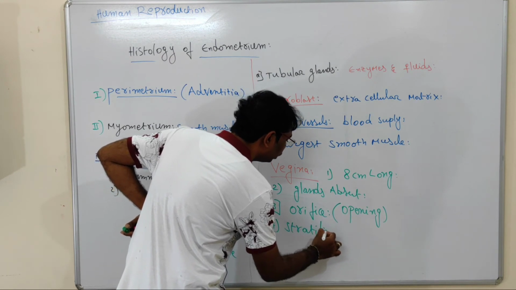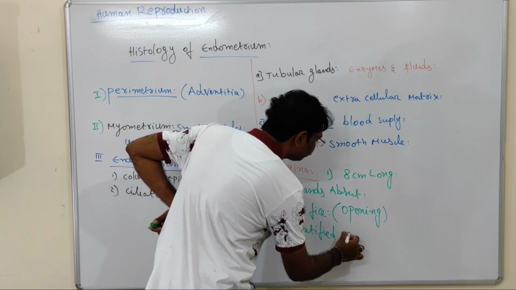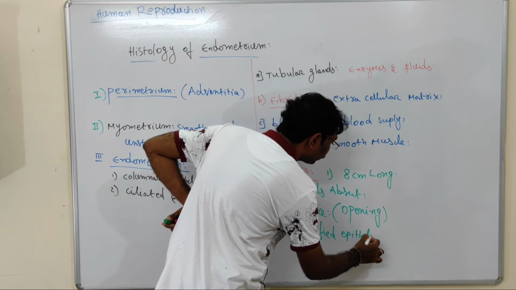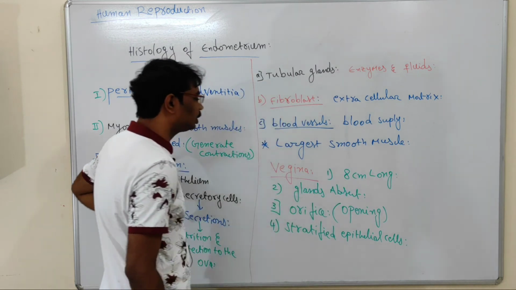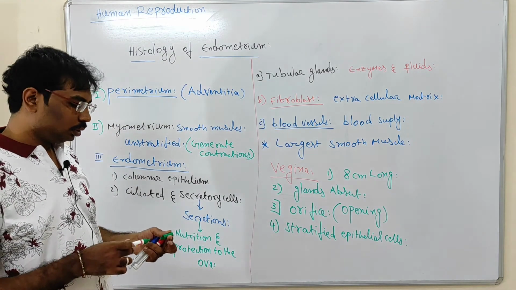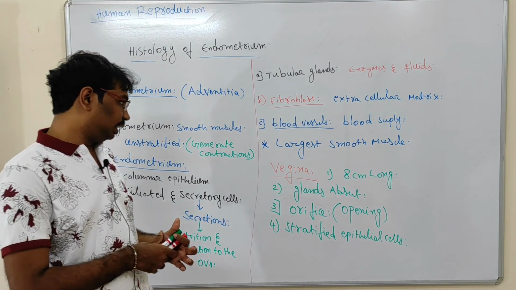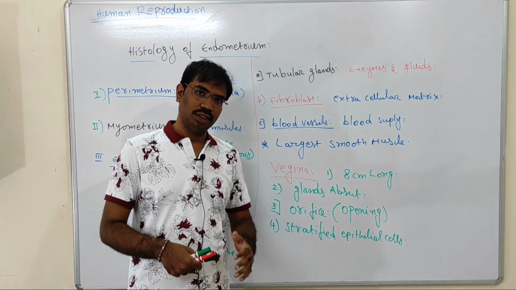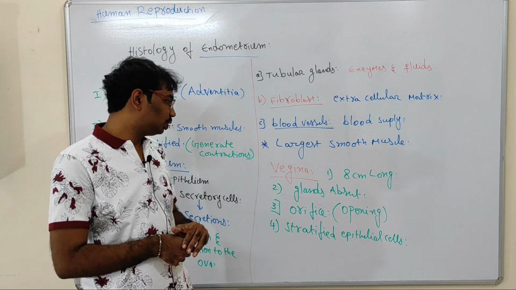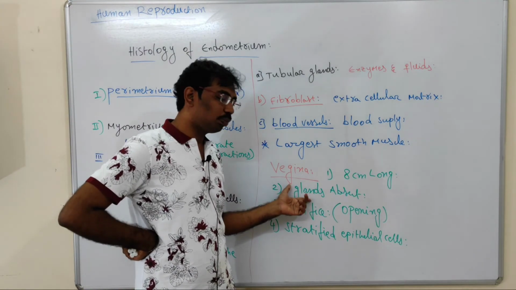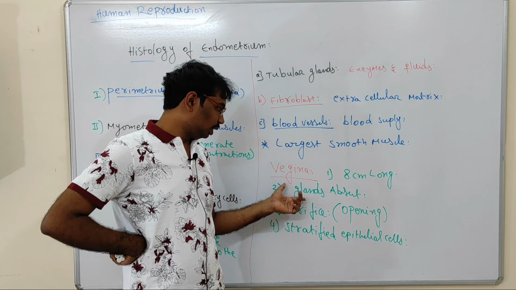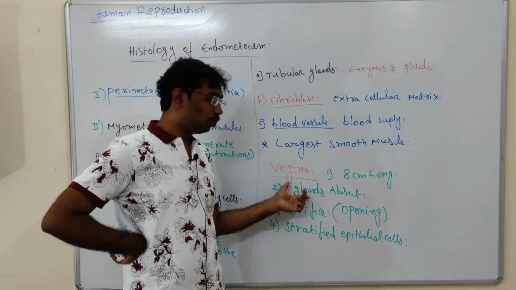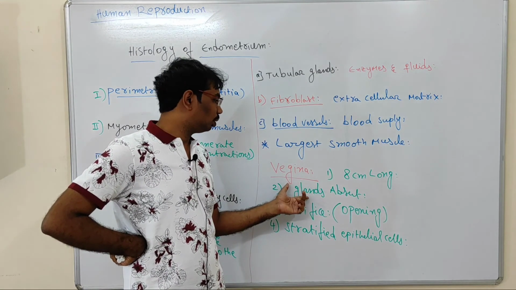Glands are absent in the vagina, but the moisture present in the vagina is maintained by Bartholin's gland.